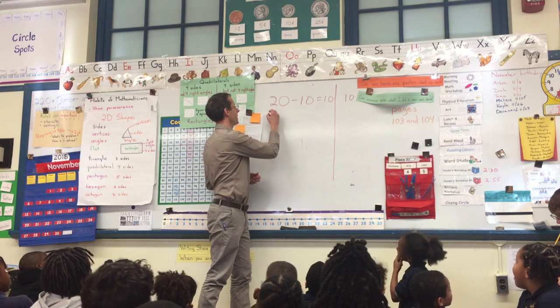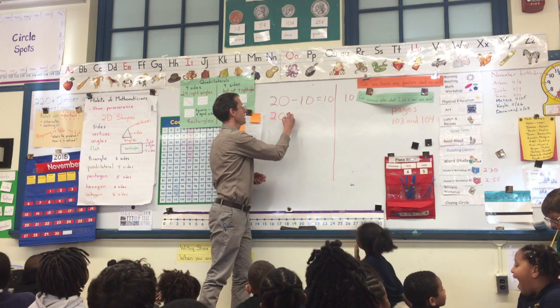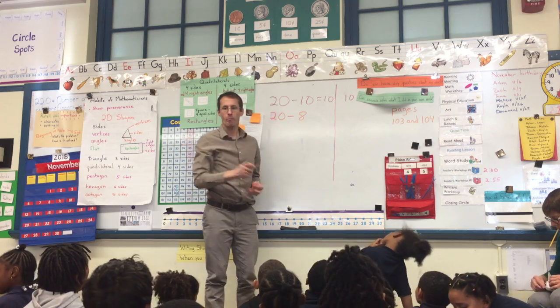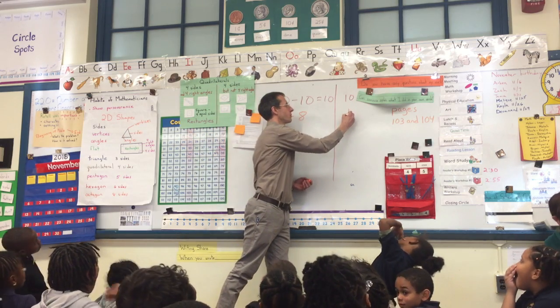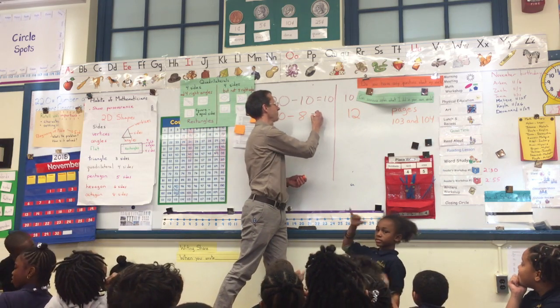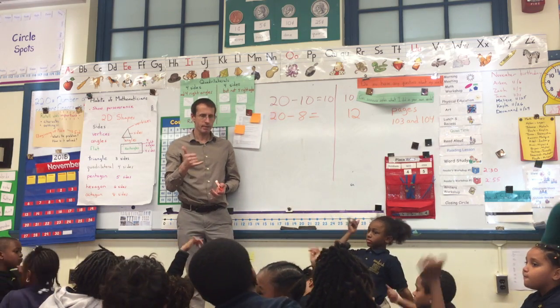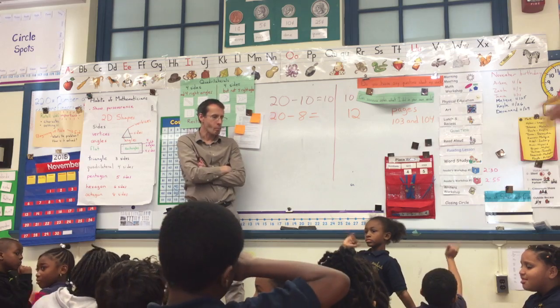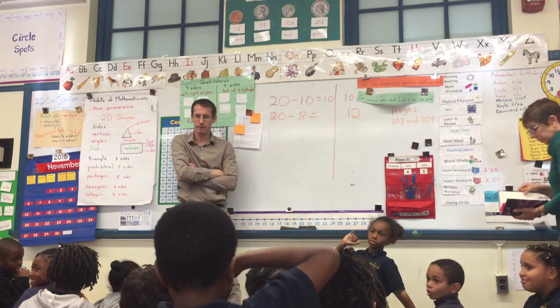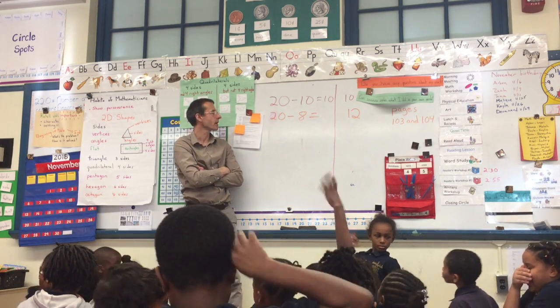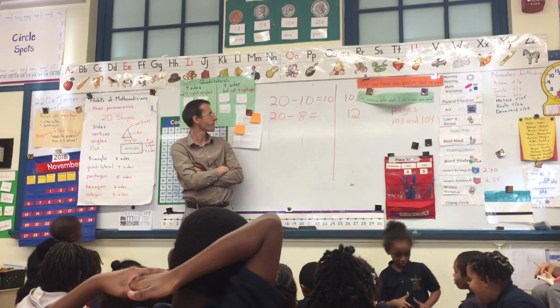Dry erase. Okay, my son also had 20 pieces. He ate 8. And Chiquis tells me he had 12 pieces left. Yes. So people are agreeing with this? Yes. Okay. So I'd like someone to tell me how they worked out that my son had 12 pieces of candy left.